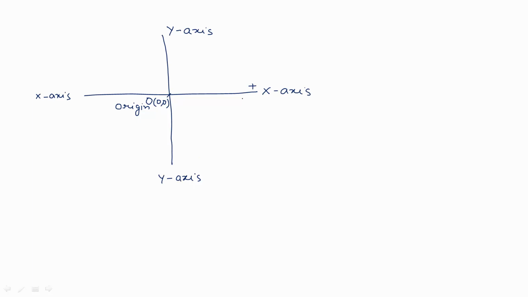The right part from the origin is positive and the left part from the origin is negative. The upward part of y-axis is positive and the downward part of y-axis is negative, and the whole 2D plane is divided into 4 quadrants.